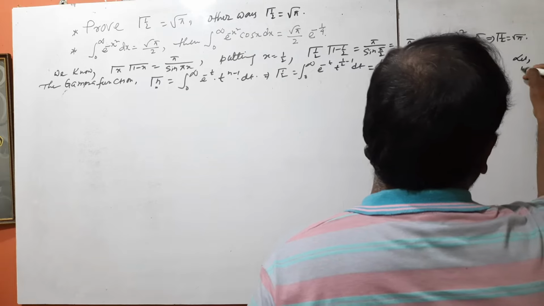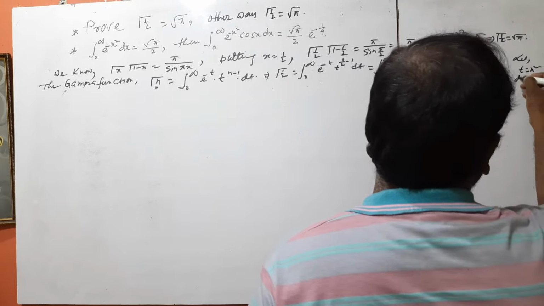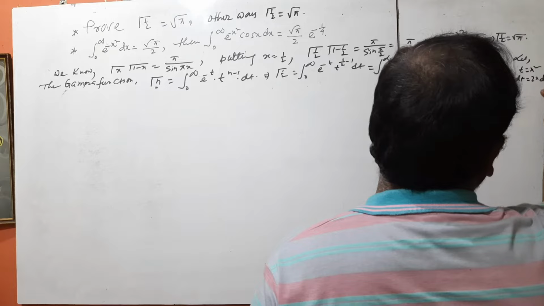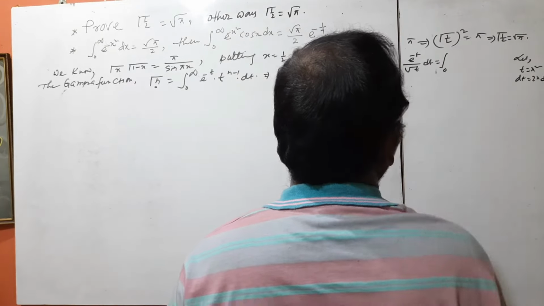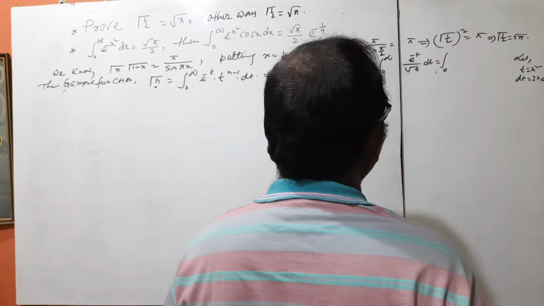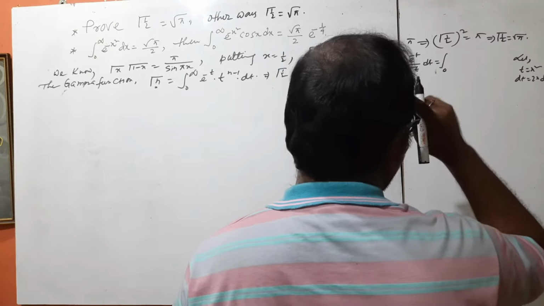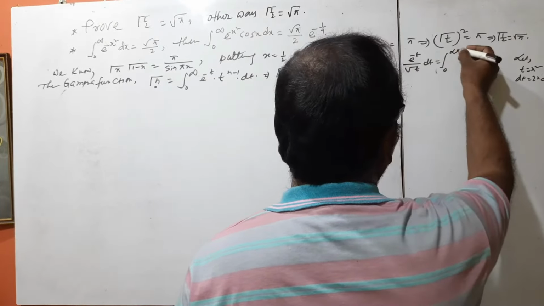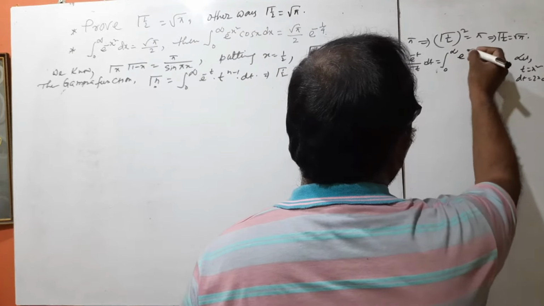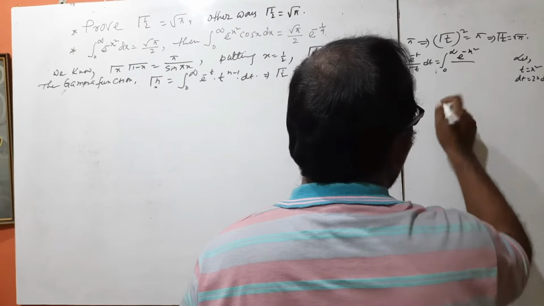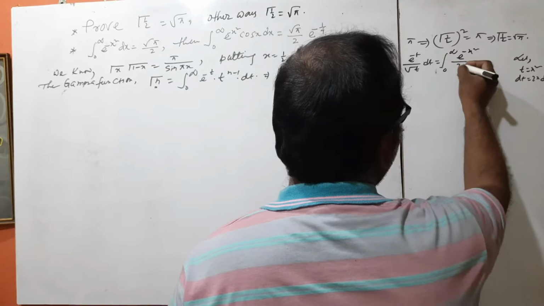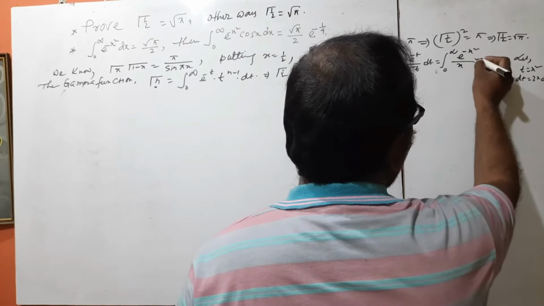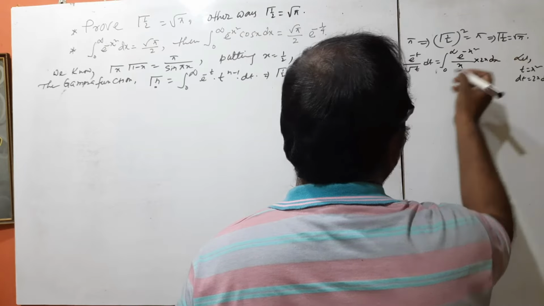let t equal to x squared, so dt is equal to twice x dx. If we put t equal to 0, then the value of x is 0. If we put t infinity, then x is also infinity, and this is e to the power minus x square, and root t means x, and dt is equal to twice x dx.